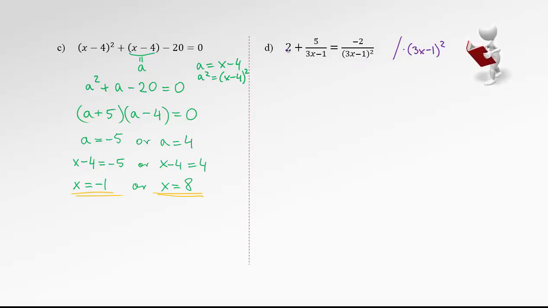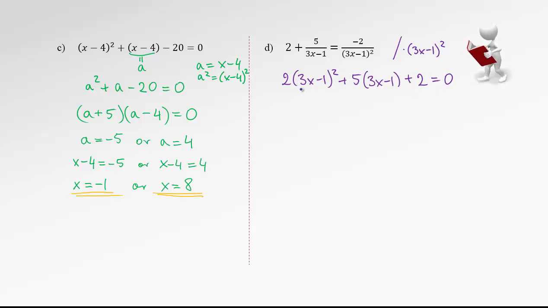So when we multiply by it, we have 2 bracket (3x minus 1) squared, and then plus 5 times a single bracket, because one of those brackets will be reduced, so 5 times (3x minus 1), and then equals negative 2, or let's bring it to the other side, it becomes plus 2 equals 0.